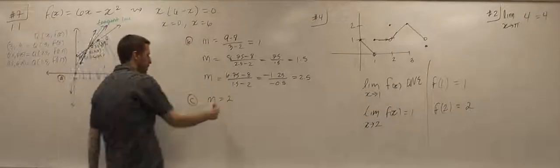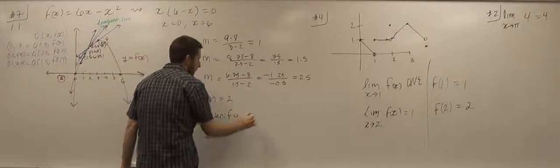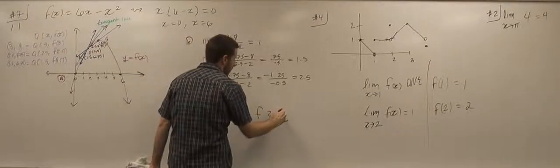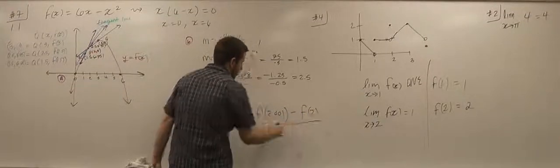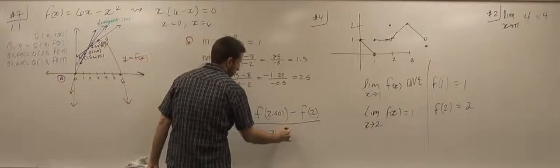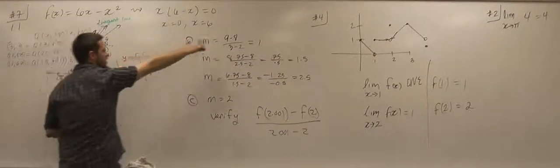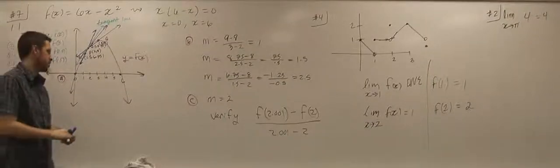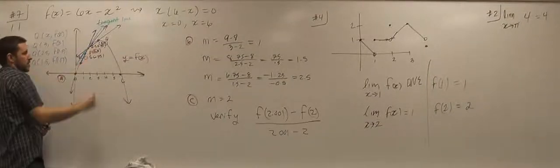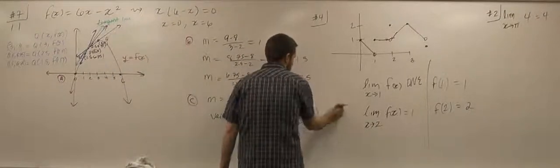So if you wanted to verify this, you could calculate f of 2.001 minus f of 2 over 2.001 minus 2. You could do this same procedure, but plug in 2.001 instead. Something really close to this x value. And you should get 2, or approximately.